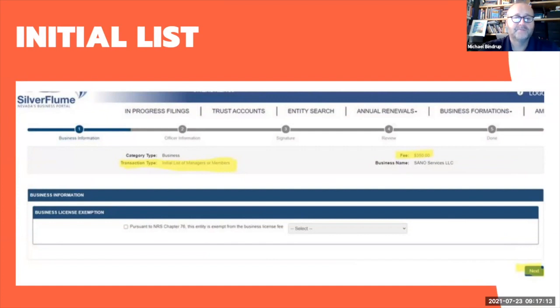To be exempt from the state business license, you have to be a sole proprietor that is also home-based, and you had less than the poverty level income in Nevada, which I think is around $34,000 to date. You have to check my math on that, but it's under $40,000.